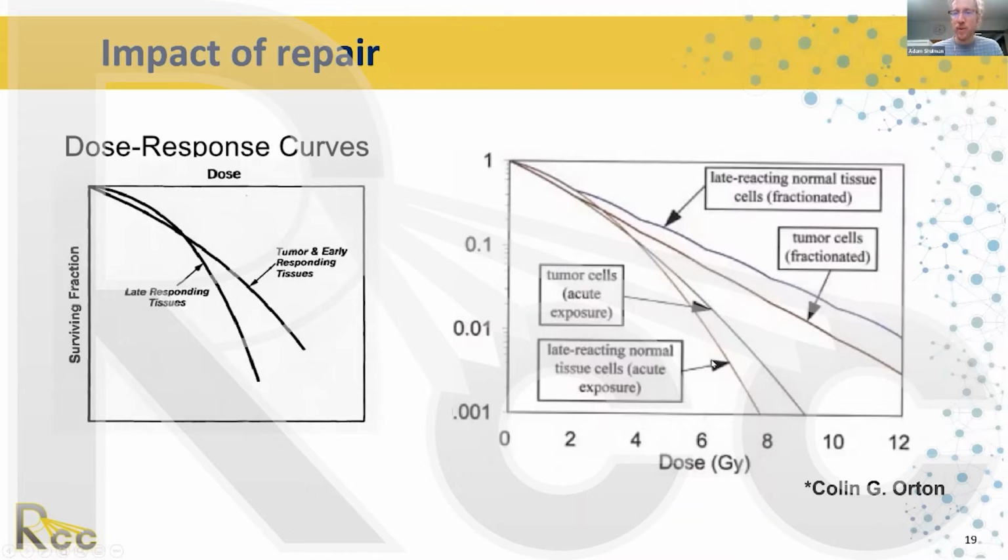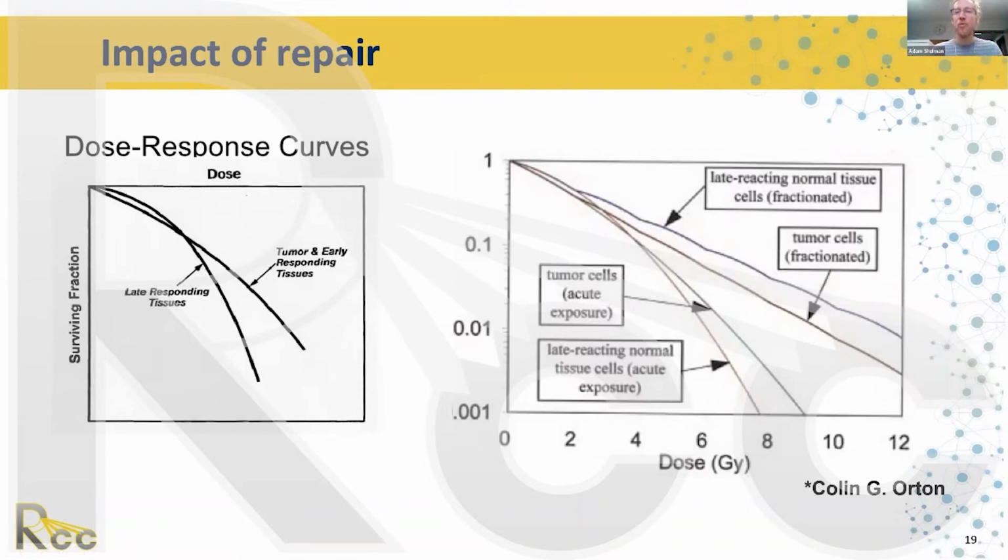So they went from all the way down here to, look, the late responding ones with that really big curve, that rounded shoulder with the low alpha beta, they end up going from way down here, low on the survival with fractionation, to now above tumor cells on the survival curve. That's a really important thing.